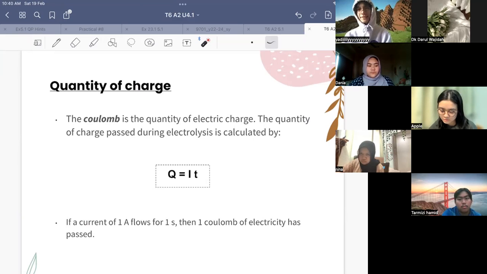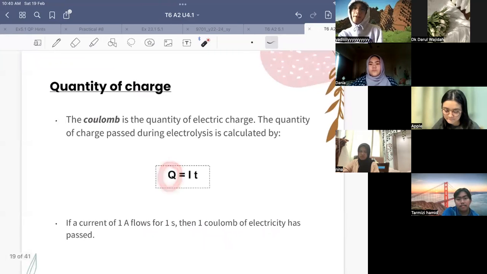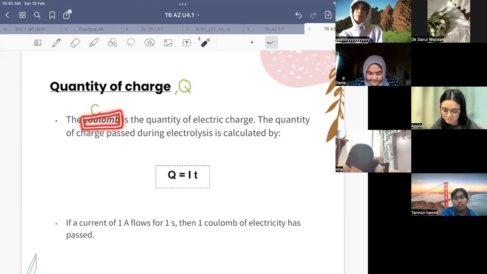Okay, right. So quantity of charge, the symbol is Q, and the unit is capital C, and we call it the coulomb. It is the quantity of electric charge.